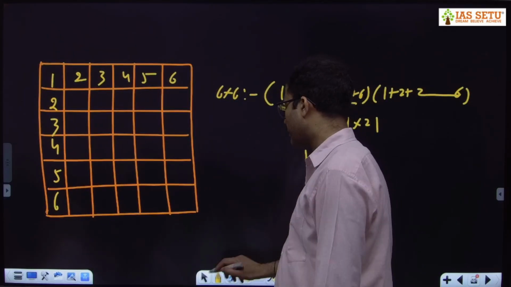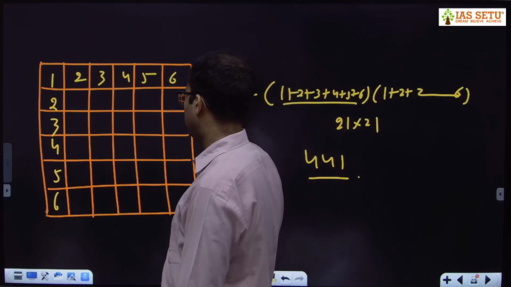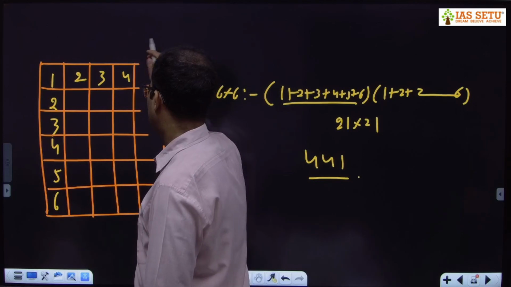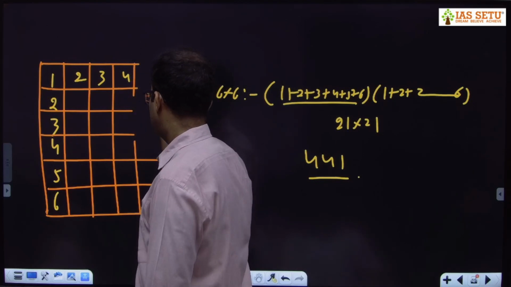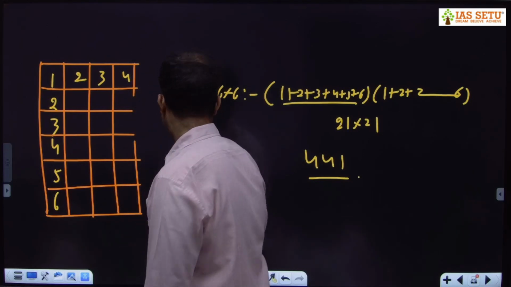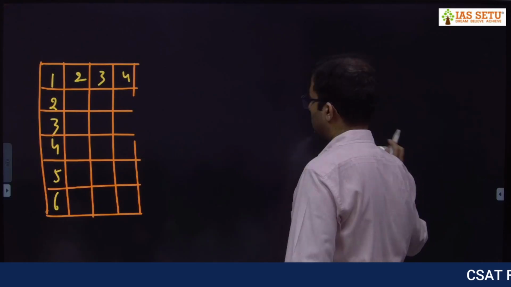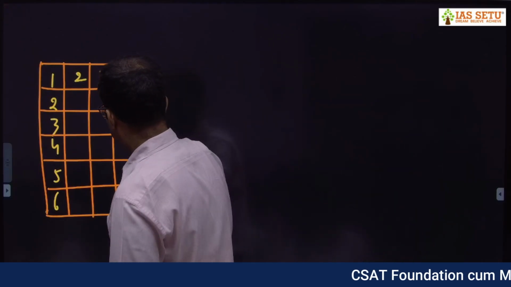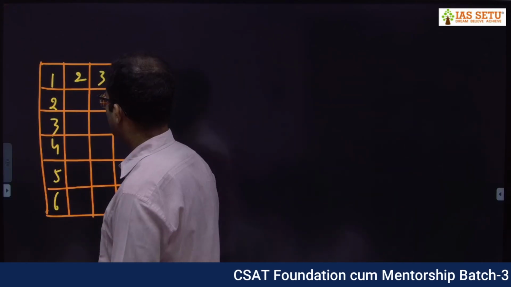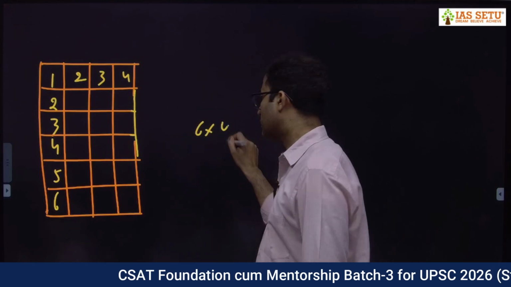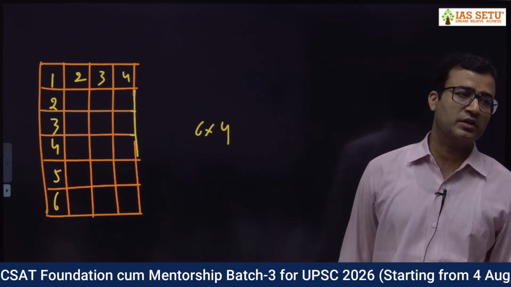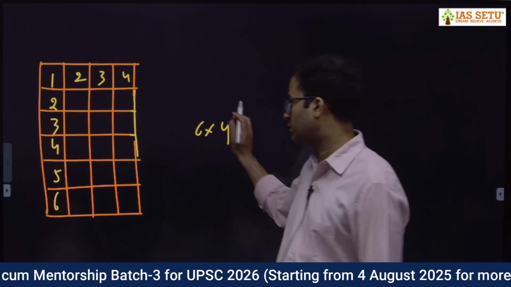Next is type 2. Type 2 is where the number of columns is not equal to the number of rows. Like a 6 by 4 figure, a 5 by 3 figure, a 3 by 8 figure.